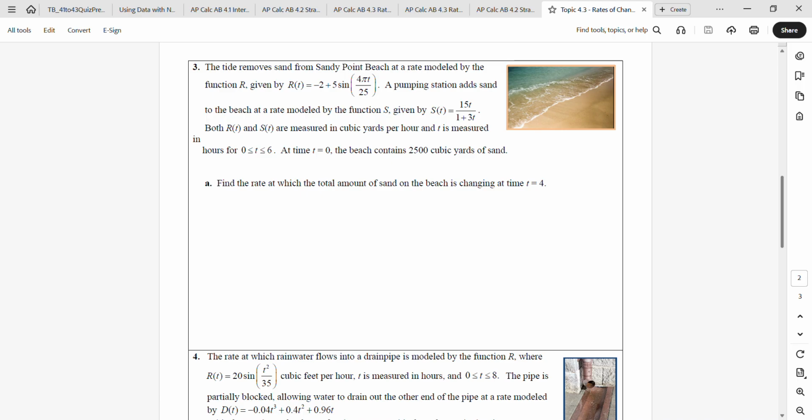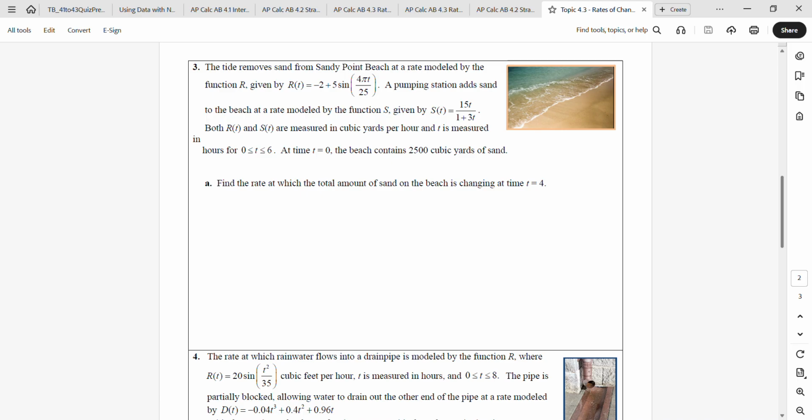So I think yes. So then 4, it says the rate at which water flows into a drain pipe is modeled by r, and the pipe is partially blocked, allowing water to drain out the other end at a rate modeled by d. So you kind of got a rate in and then a rate out. Is the amount of water in the pipe increasing or decreasing at 3? It is decreasing because d of 3 is greater than r of 3.